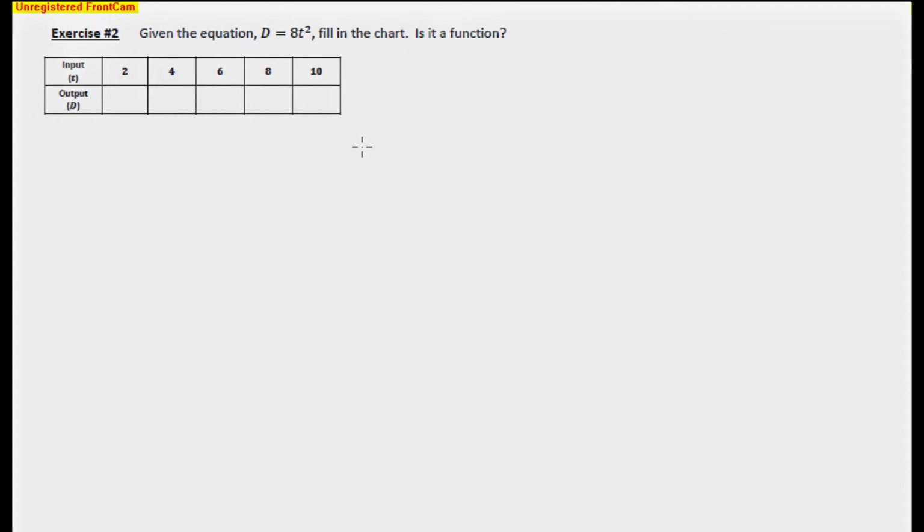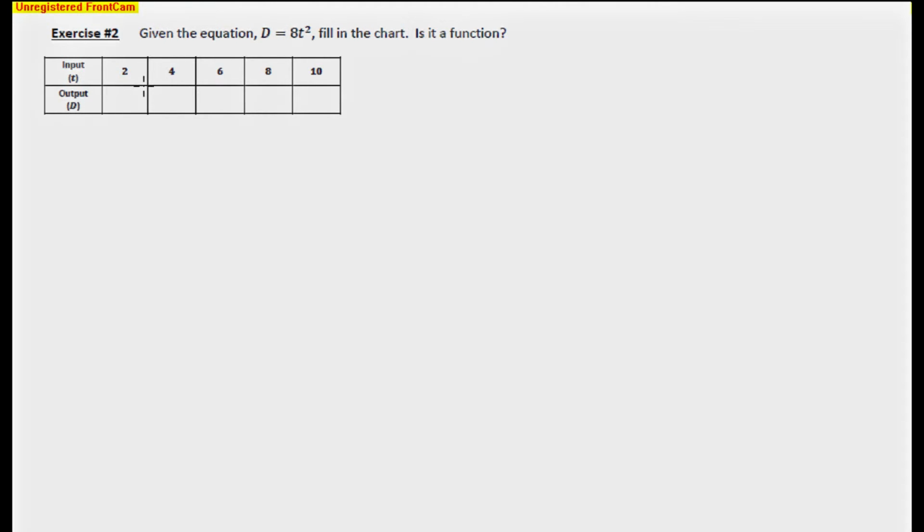Okay, well here is exercise 2, and this is why I like to call functions, a lot of times I call them formulas. All right, so this one says, given the equation d equals 8t squared, fill in the chart. Well, that's pretty easy. They give us an input, and this input is representing the variable t.